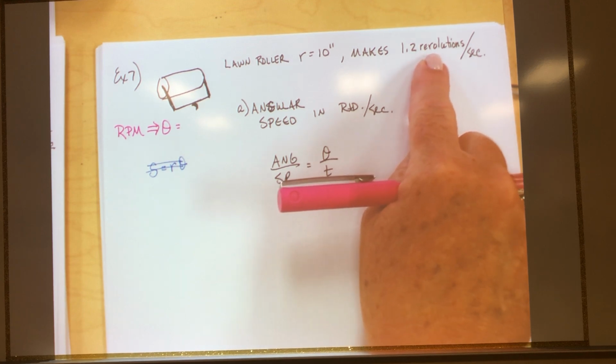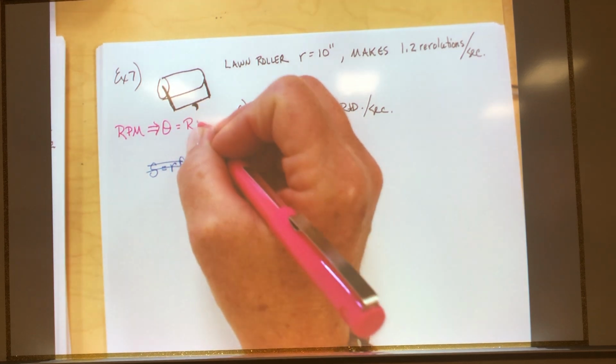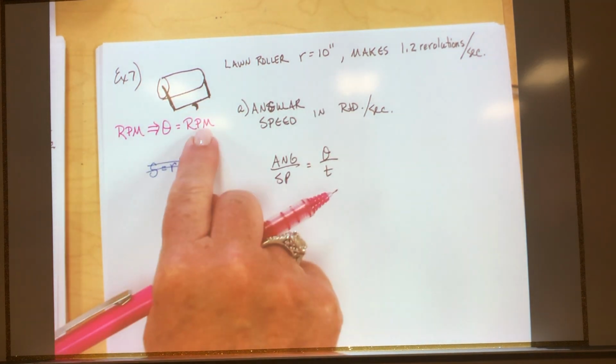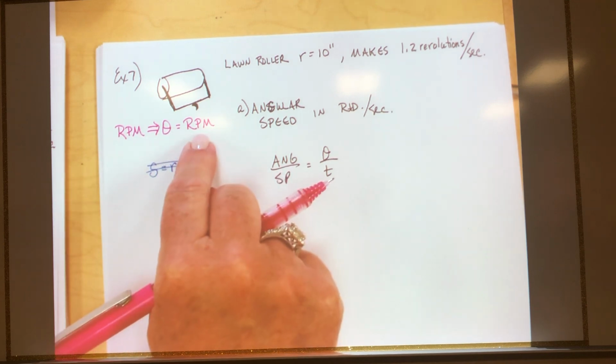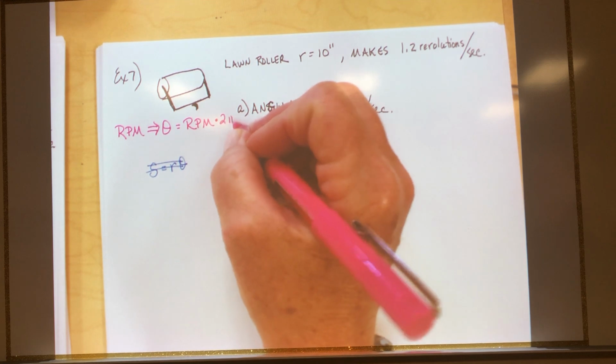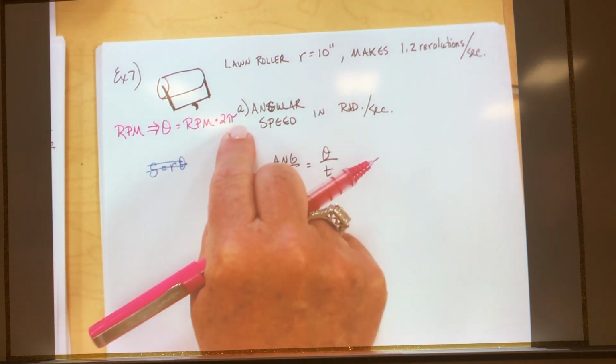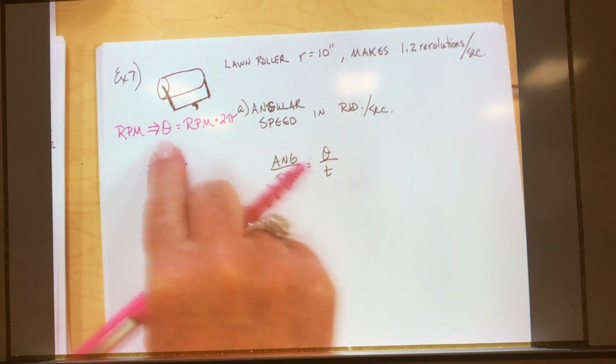Yeah, multiply. So all you have to do is take your revolutions, now look, I'm saying revolutions per minute, but it also could be revolutions per second. It's just your revolutions, and you're going to multiply it by 2 pi, because every revolution is 2 pi. So how are we going to find this theta?